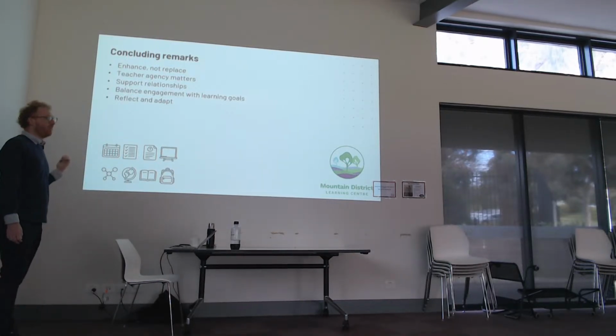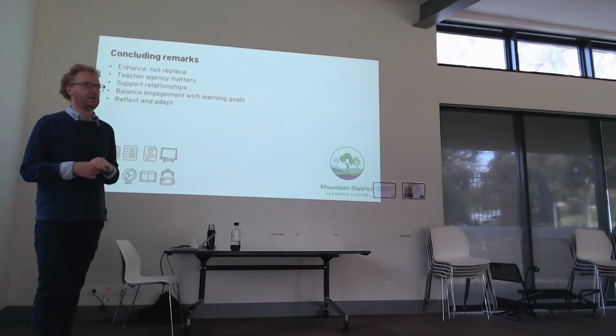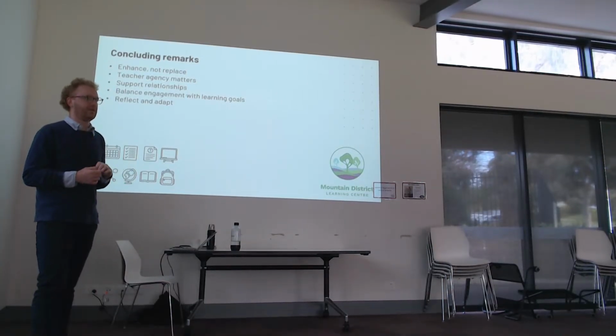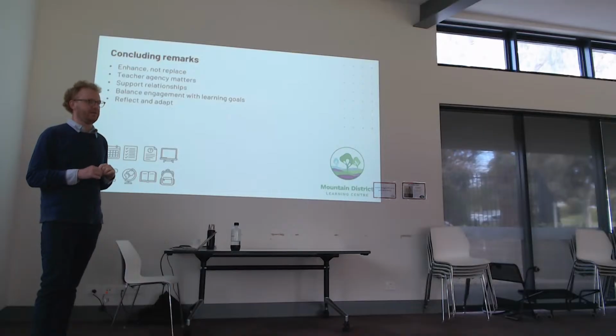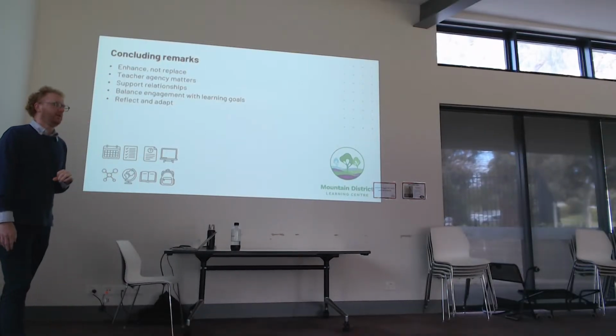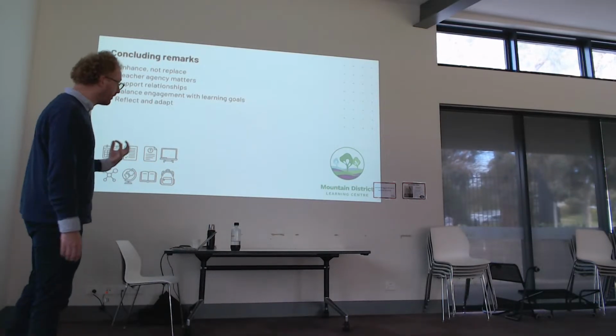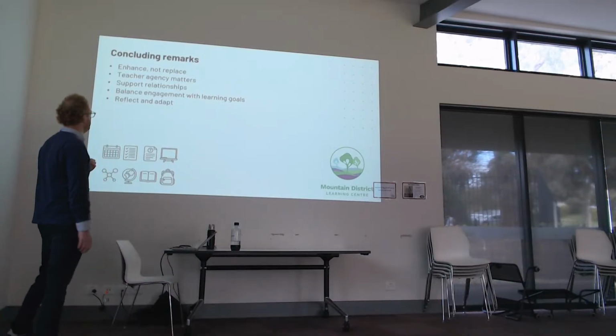Teacher agency is very important. We may be concerned about the role of AI and its impact on us and our roles, but at the end of the day, we are still facilitators who are able to regulate the outputs of AI for the benefit of our students and their learning experience, and we can still continue to do that.